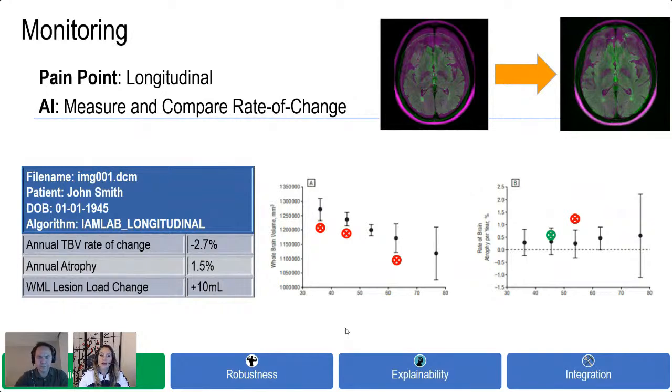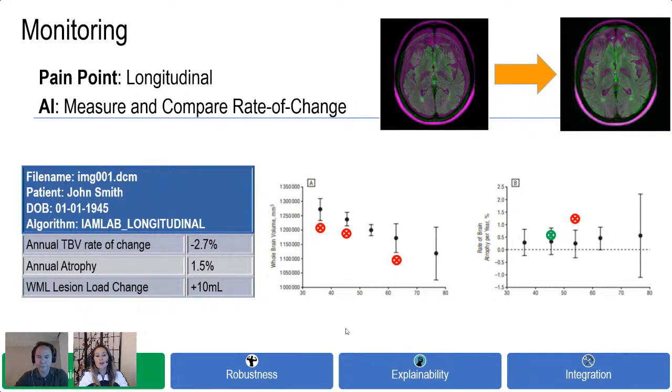One of the example use cases, which is really relevant in neuroimaging, is longitudinal monitoring. In the ideal world, if we could image subjects' brains on a semi-regular basis, we are able to then see how their brain changes over time with respect to volumes, white matter or gray matter changes, ventricular enlargement.